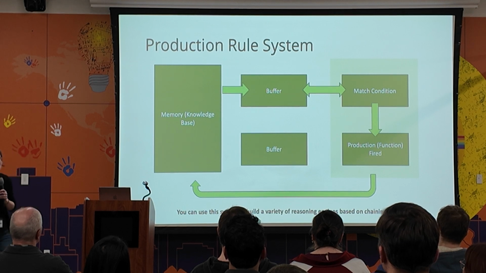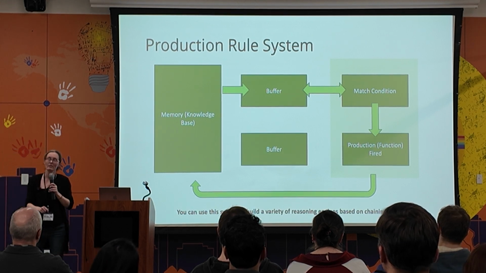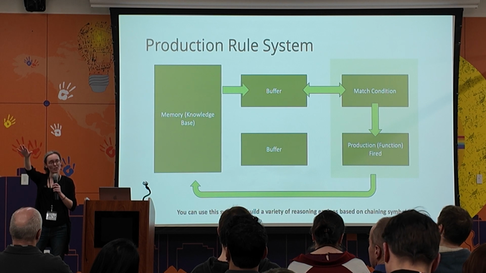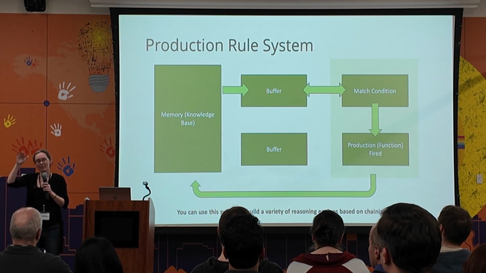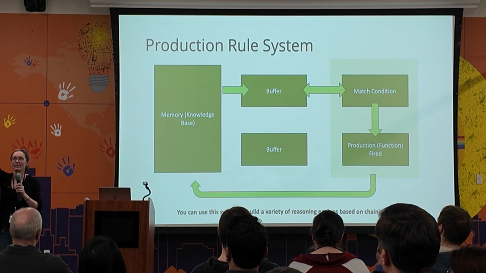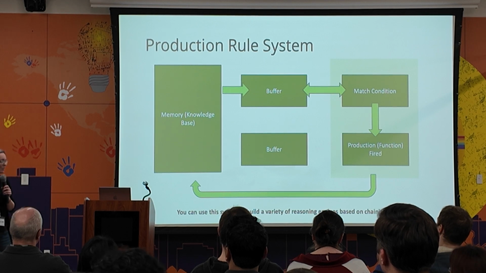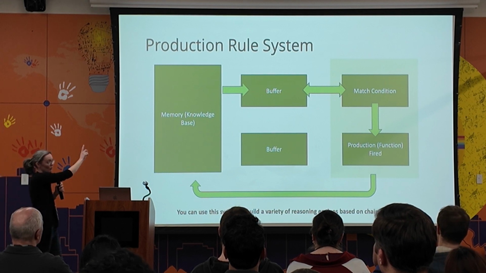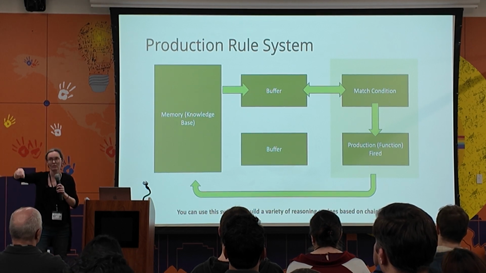There are variants, but basically the way it works is you have your memory, which is a knowledge base, and then you have buffers. The buffers allow you to match conditions that you specify. If those conditions are matched, it leads to a production, which is essentially a function firing. Usually when those functions fire, they do things like move knowledge from memory into a buffer, and you end up with a cycle.